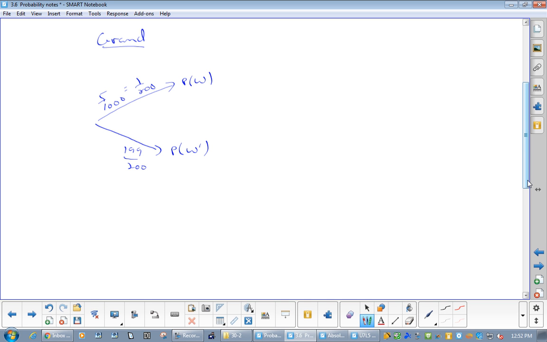Austin, make sure you write this down. Now the next is the consolation. Can you use the same tree diagram for dependent? Yeah, you could. It's just that the next one is not going to be out of 200. It would be out of 199, correct? Because you didn't put that ticket back.